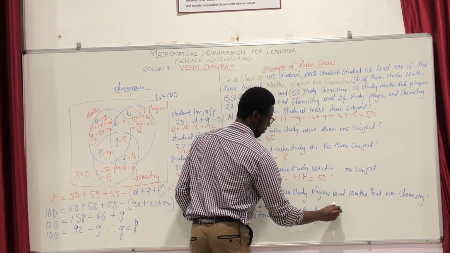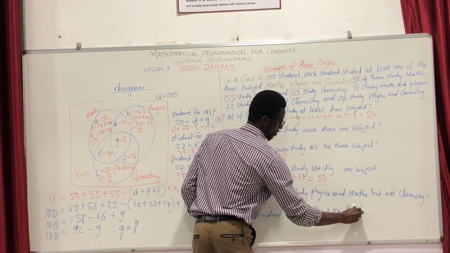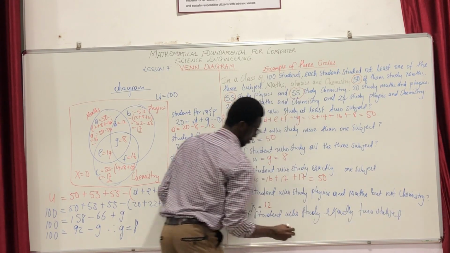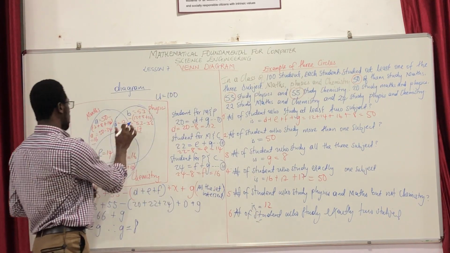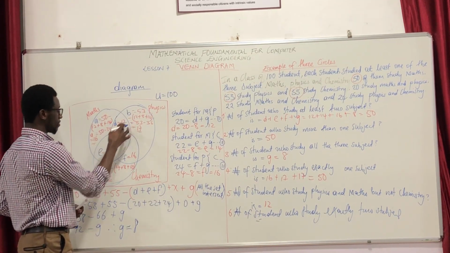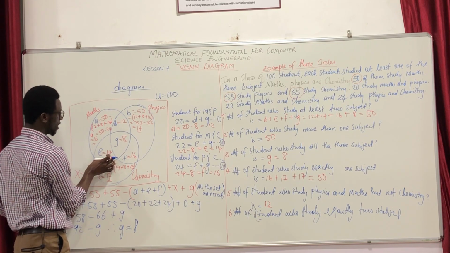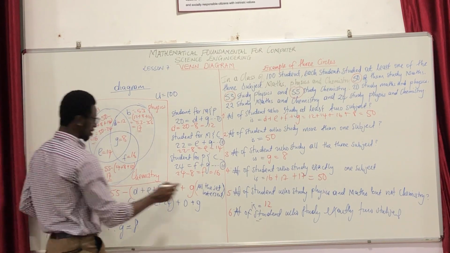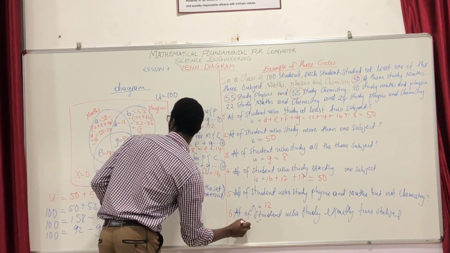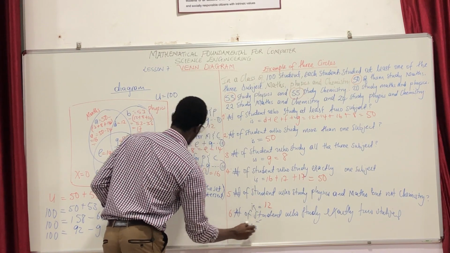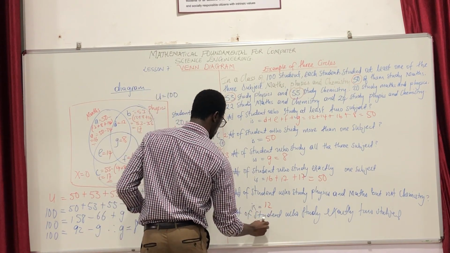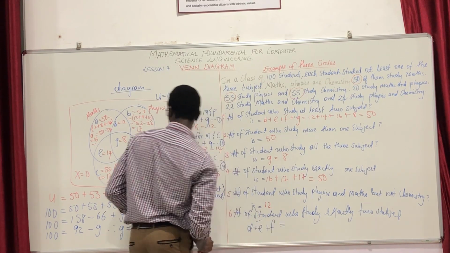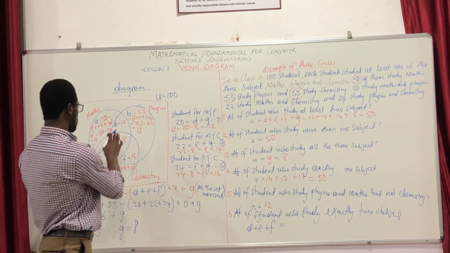So for exactly 2 subjects, you add D plus E plus F. So the number of students that study exactly 2 subjects is this one you add.